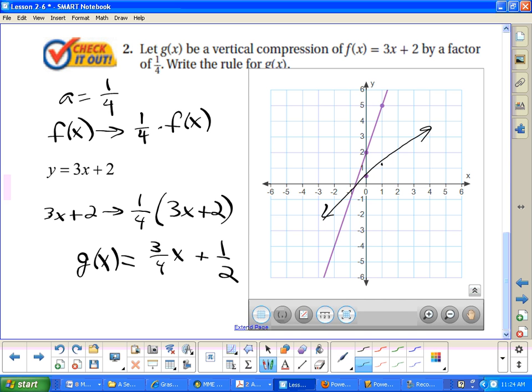This means that my slope is 3/4. So if we had a slope of 3/4, from this point here at 1/2, we'd go up 3 and over 4. So we have a point.